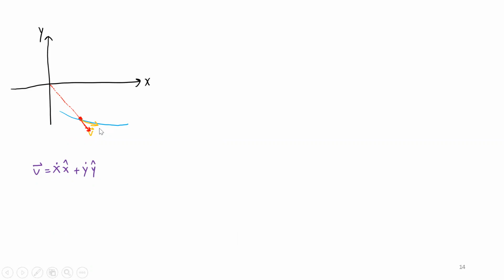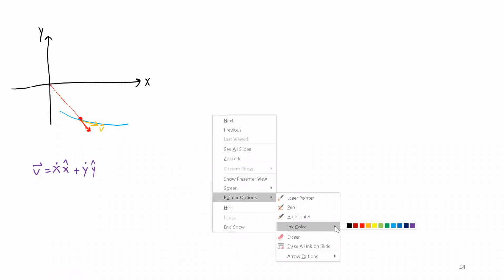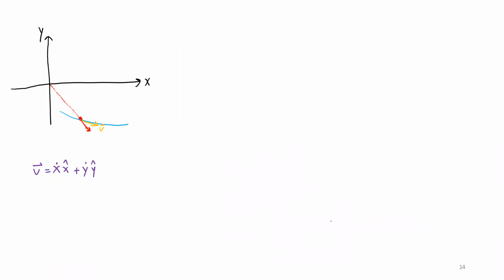Therefore, now I'm decomposing this v vector in a different way again. This time I'm decomposing it into what I call the v_r and the v_theta.